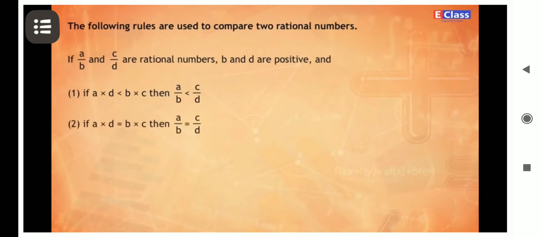If A multiplied by D is equal to B multiplied by C, then A by B is equal to C by D. 3. If A multiplied by D is greater than B multiplied by C, then A by B is greater than C by D.